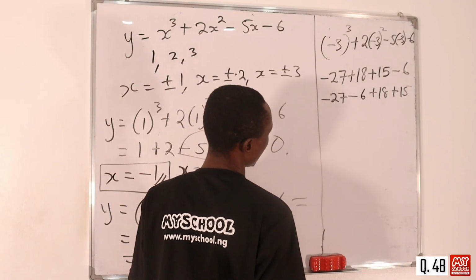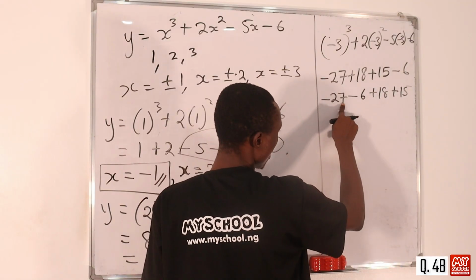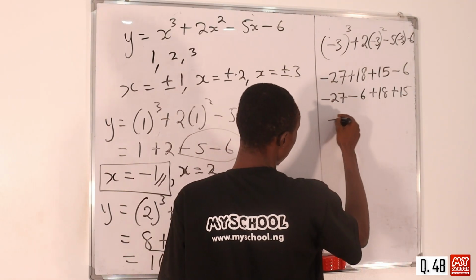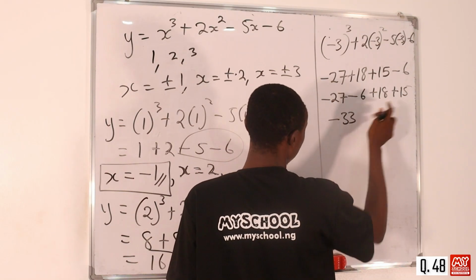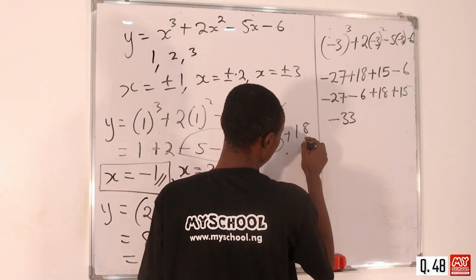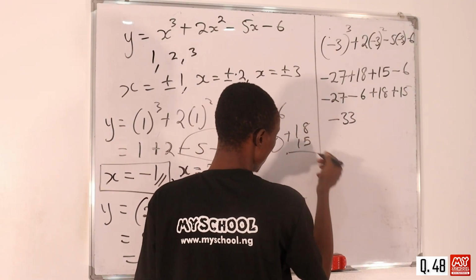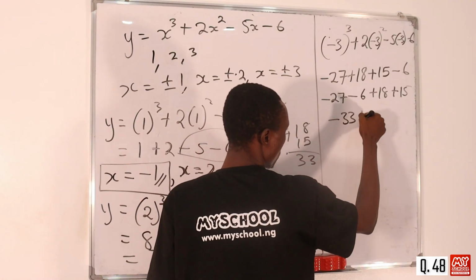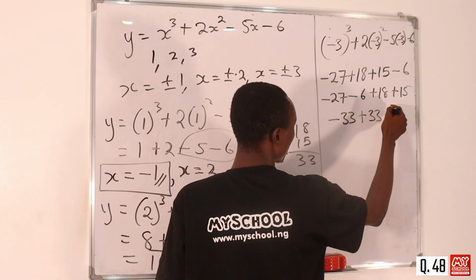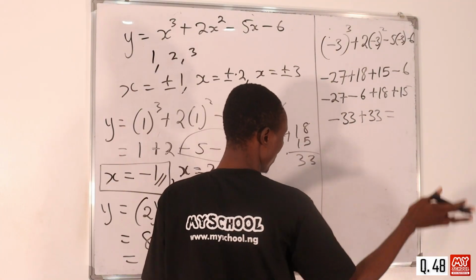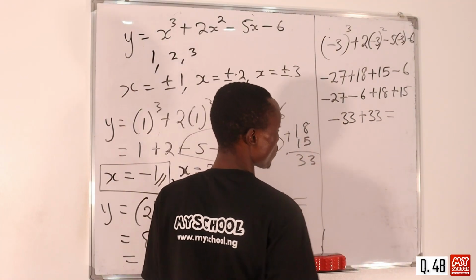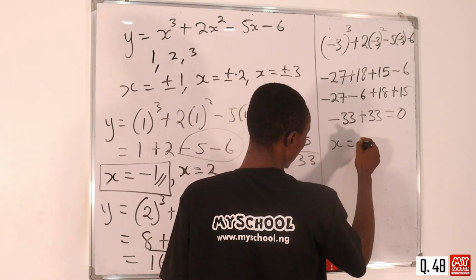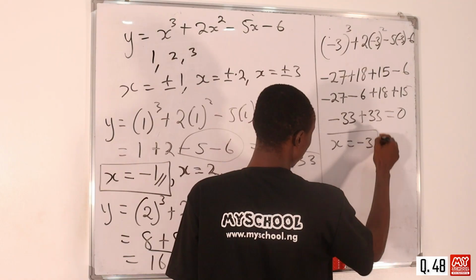So minus 27 minus 6 is going to give us minus 33. So let's see 18 plus 15. Here will be 3, and here will be also 3. But remember they are positive, so here will be plus 33. So if we add as usual, that is minus 33 plus 33, that will be equals to 0. So that means x is equals to minus 3 in this case.